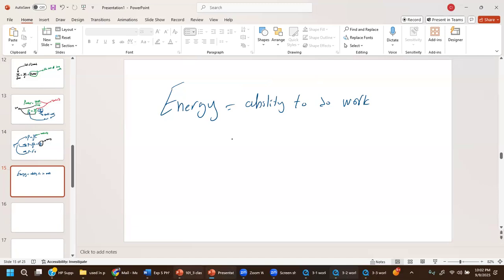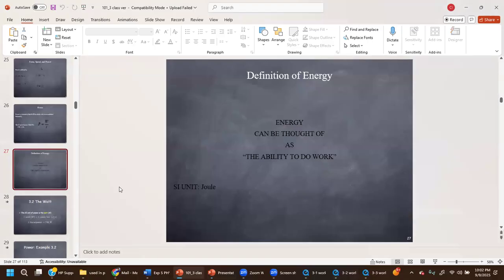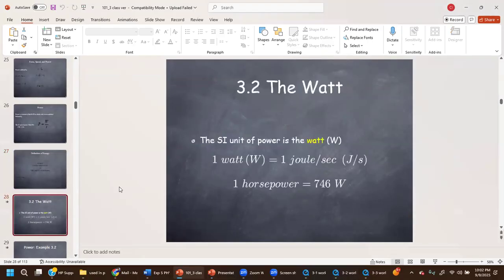And again, your energy is going to be in joules. Now, the unit for power, which we just mentioned, is going to be watt, which is how many joules per second. 1 horsepower is going to equal 746 watts.